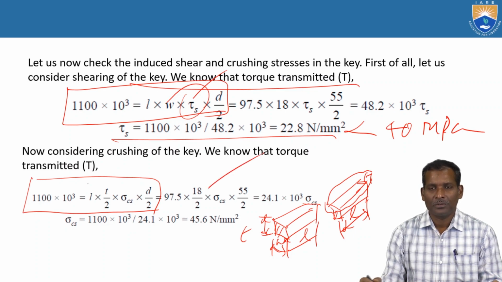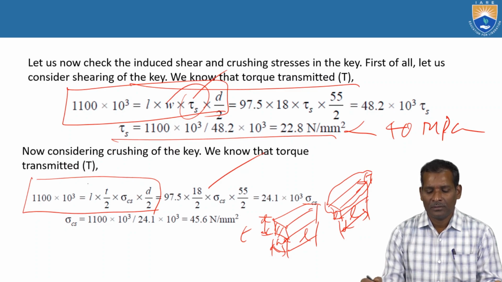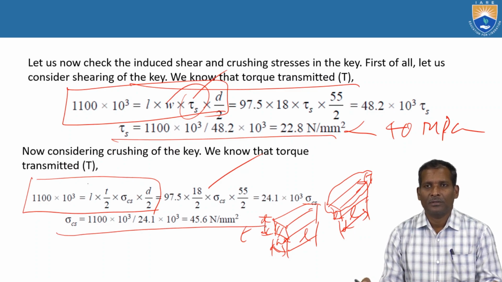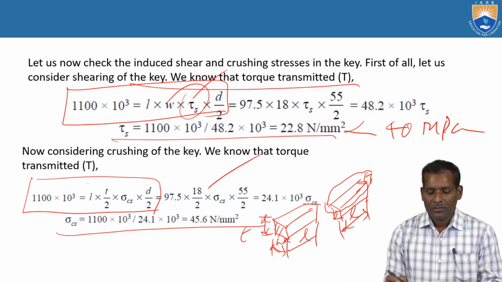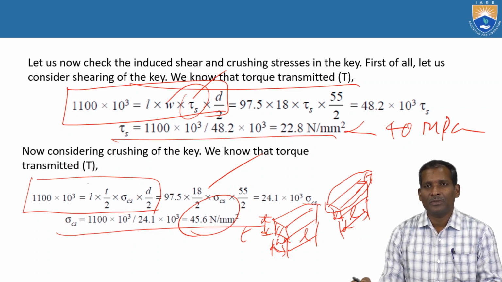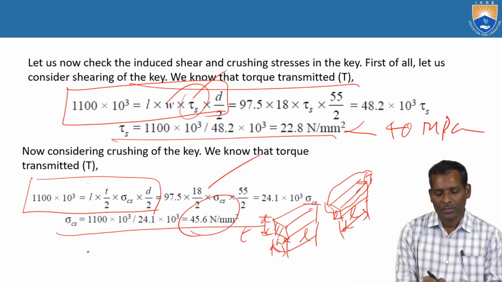Now substitute the above values and find sigma CS, the crushing stress in the key. The obtained crushing value is 45.6 Newton per mm square. The given permissible value is 80 megapascal.